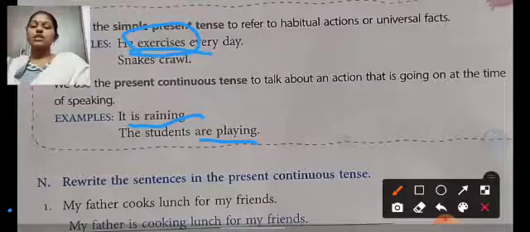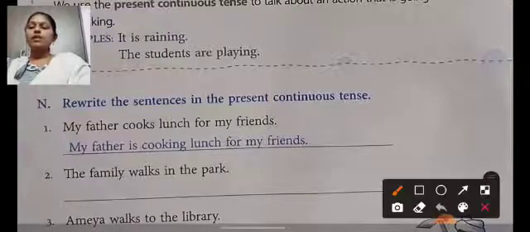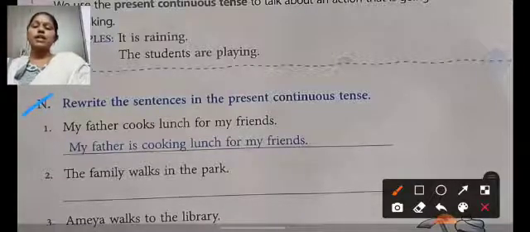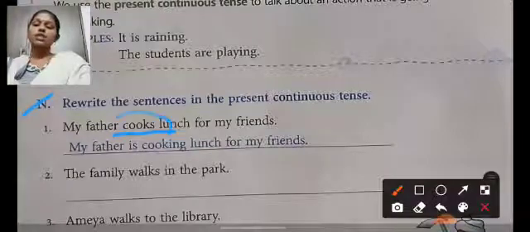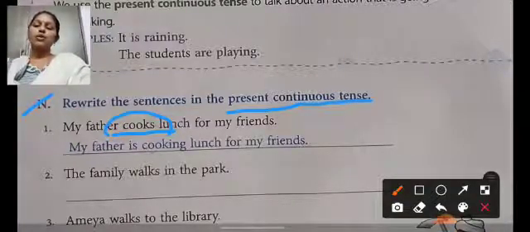Okay, so here is a small exercise. Let's go through this. Rewrite the sentences in the present continuous tense. Okay, my father cooks lunch for my friends. Here it is given in present tense. Cooks is used in simple present tense. Now you have to write it in present continuous tense. So how would you write?